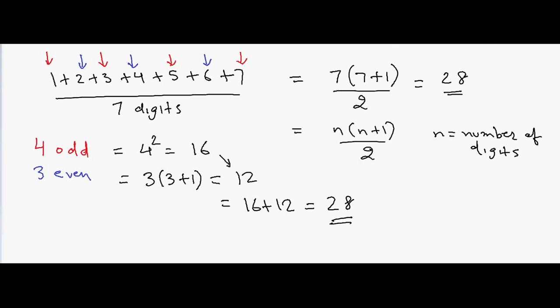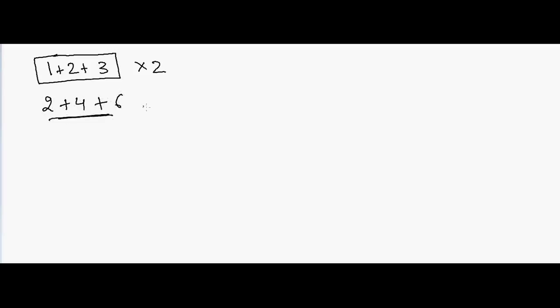Now let's look into how this formula works. First of all, suppose I have 1, 2 and 3, and I want to add these three numbers together. If I multiply this series by 2, everything becomes 2 plus 4 plus 6. So that becomes an even number series.